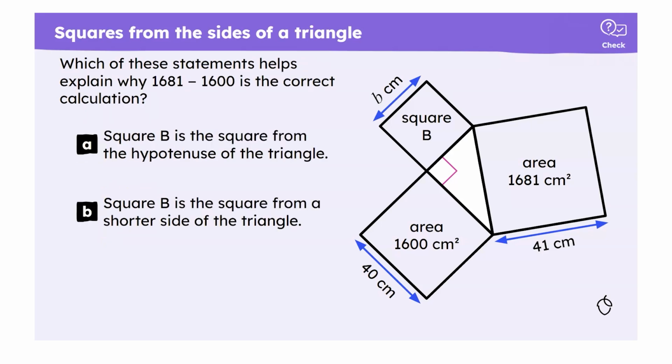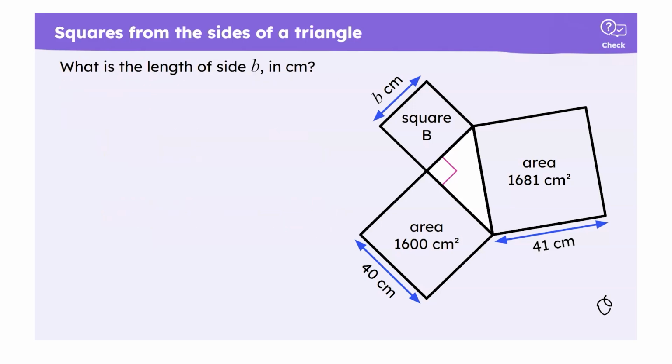But why? Which of these explanations is correct? Pause to choose the correct one. We have a subtraction because square B is the square from one of the shorter sides of the triangle, not from the hypotenuse. And now we know the calculation to find the area of square B.